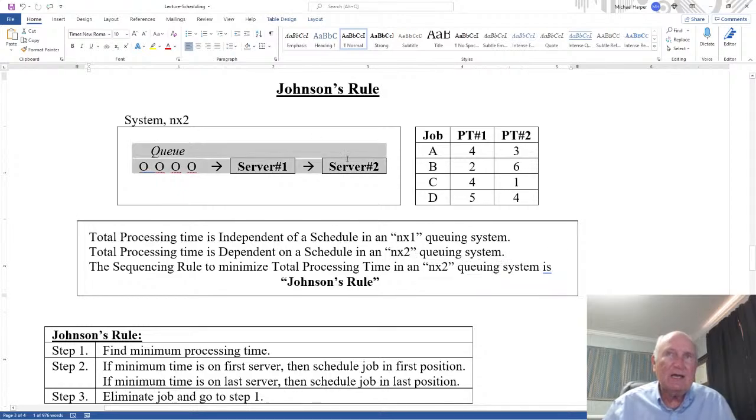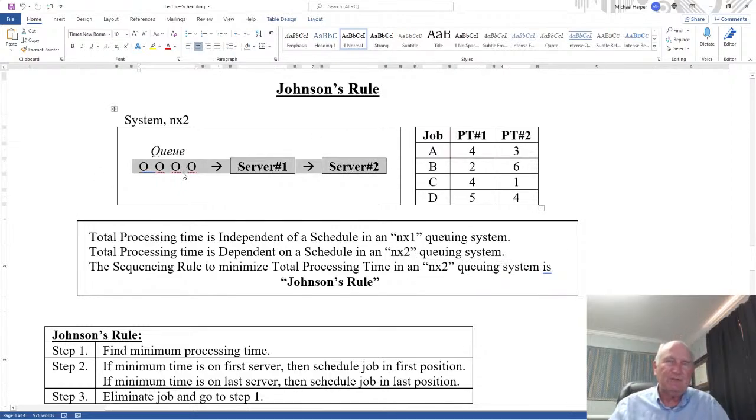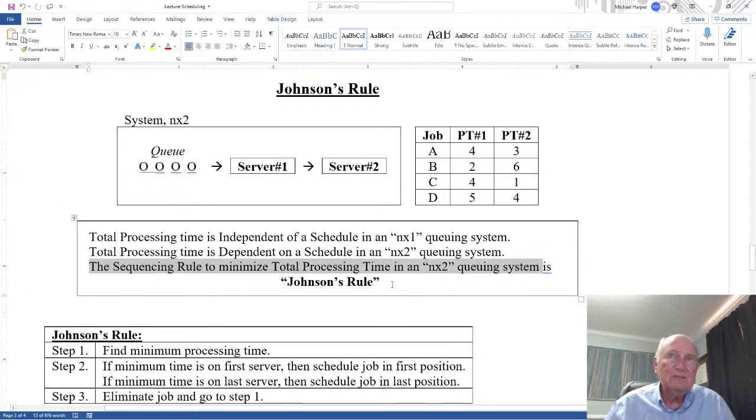So the processing time does change with the different schedules. The sequencing rule to minimize the total processing time in an n/2 queuing system is something called Johnson's rule. So Johnson's rule is a sequencing rule for an n/2 system that minimizes the total processing time of a project.